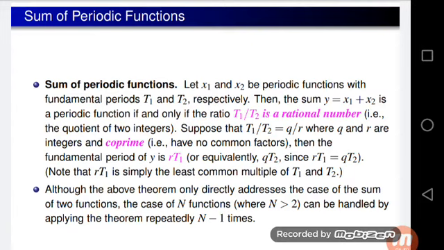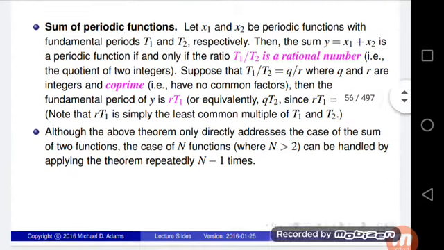Although the above theorem only directly addresses the sum of two functions, the case of n functions where n is greater than 2 can be handled by applying the theorem n minus 1 times.